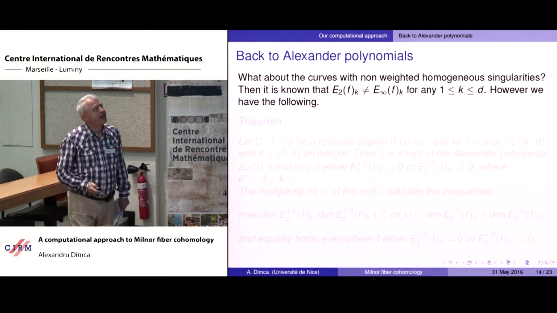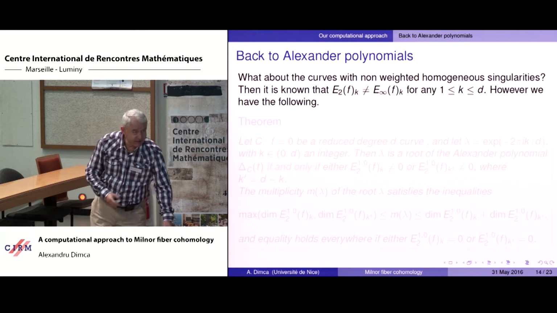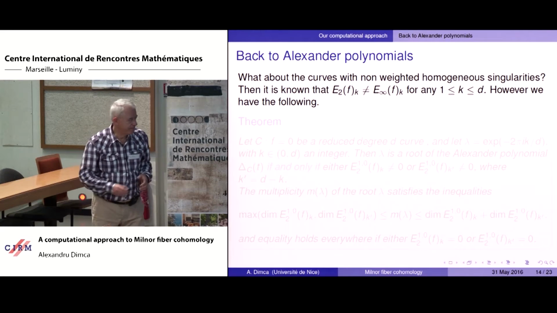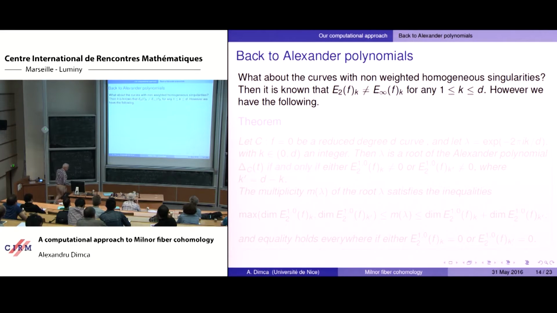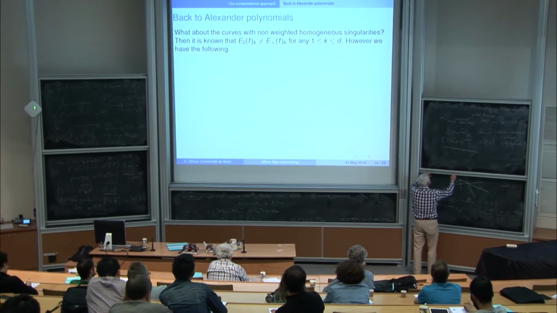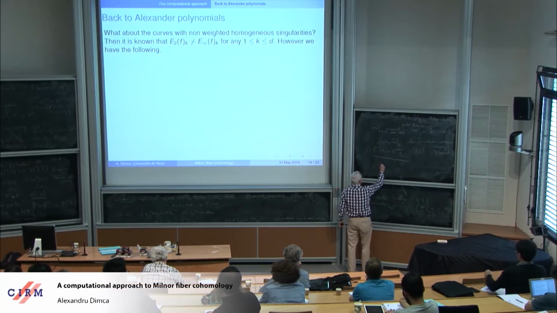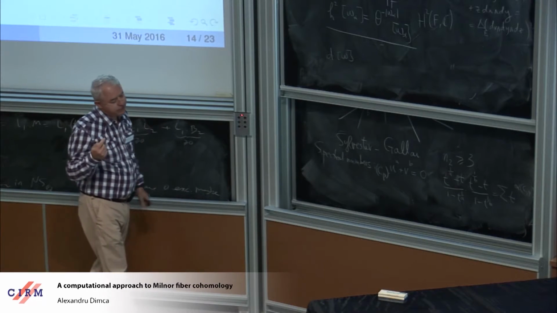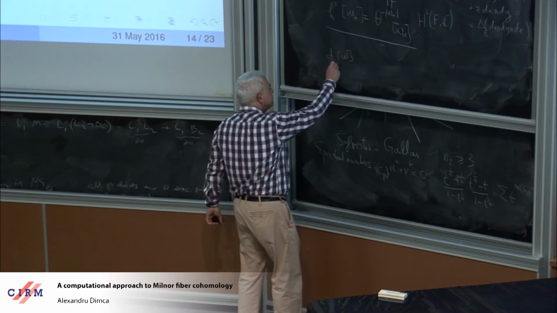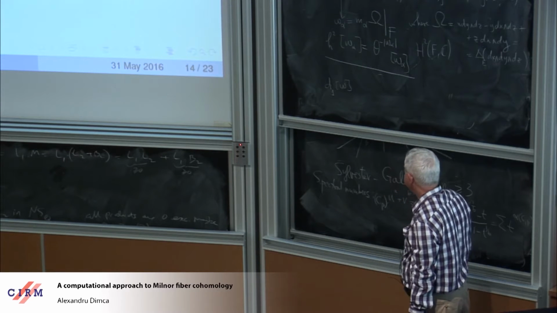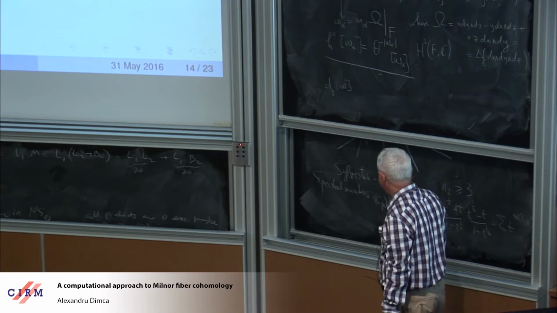Okay, so now we go back to Alexander polynomials, and you see the spectral sequence is a machine. The first differential is very, very simple to compute, but not the second one. Actually, the elements of the E1 terms are cohomology classes in the Koszul complex, so they are represented by differential forms.